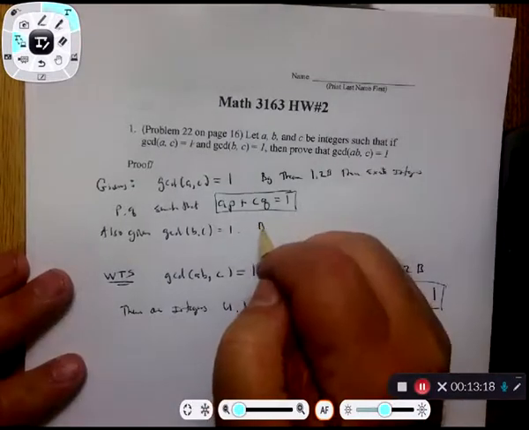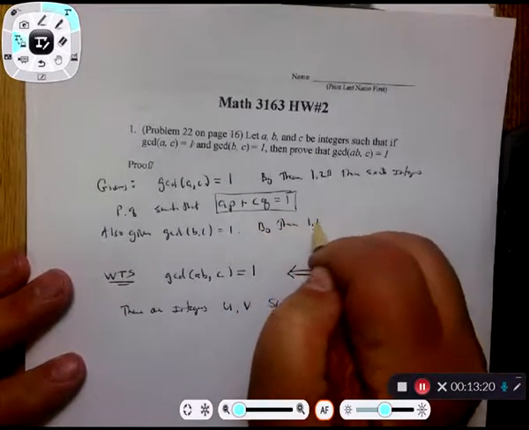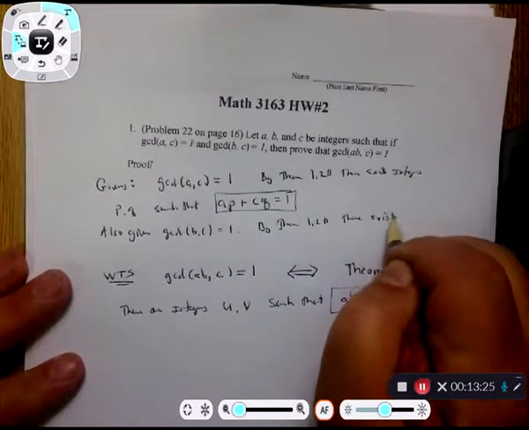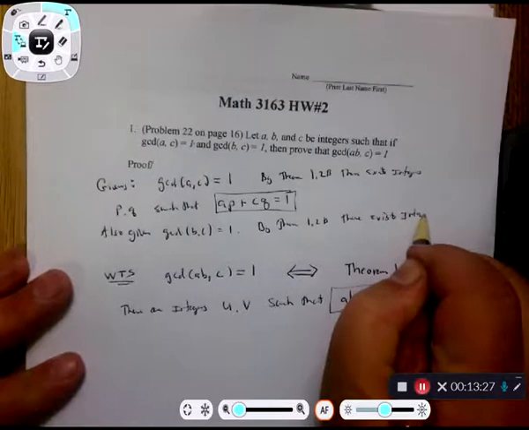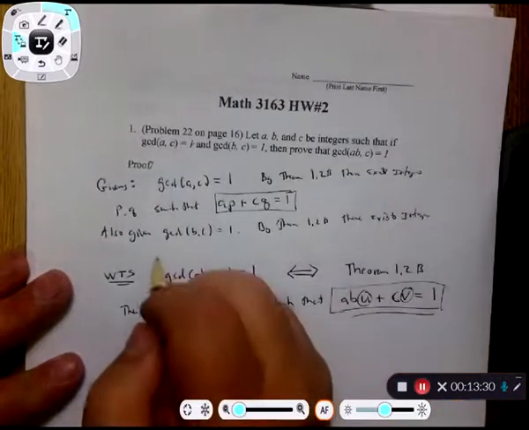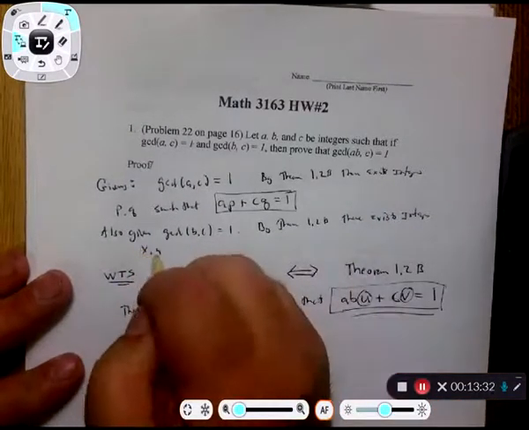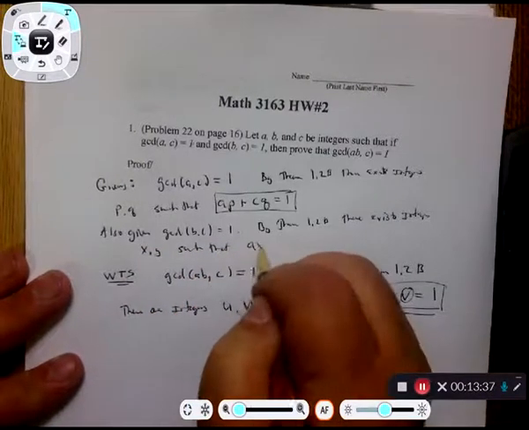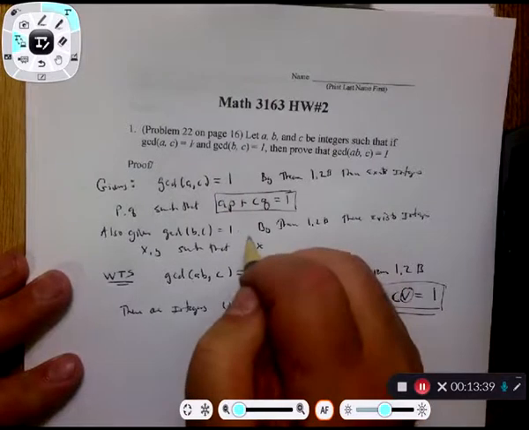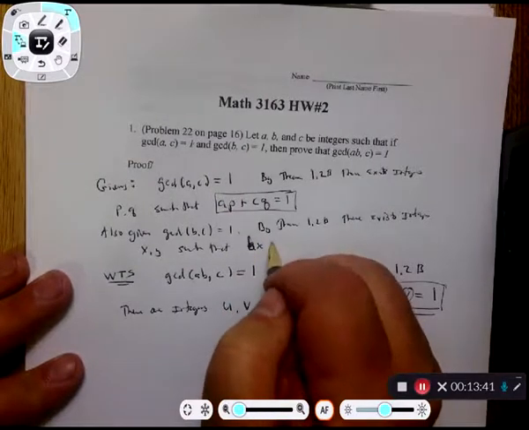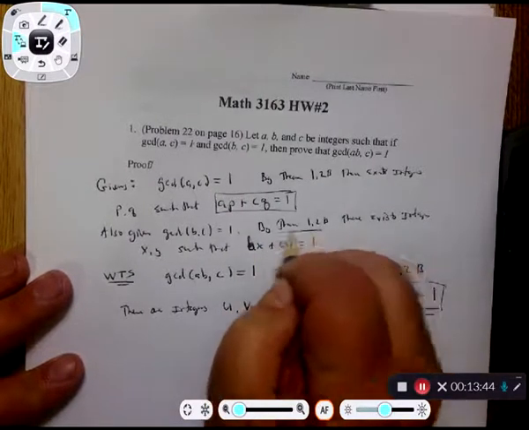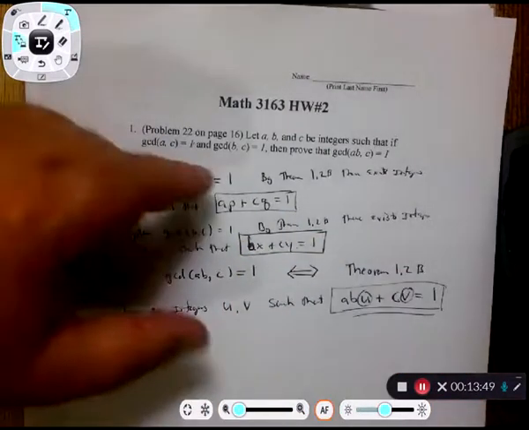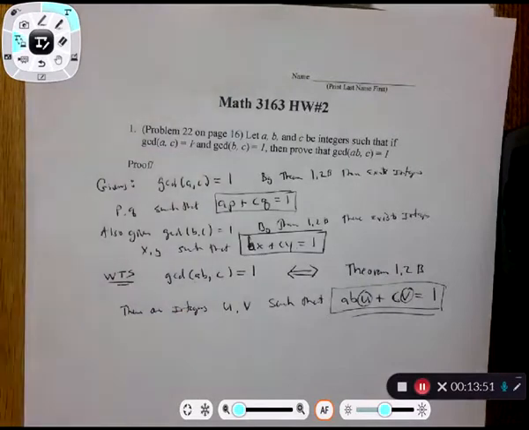So by Theorem 1.2b, again, there exist integers X and Y such that BX plus CY equals 1. So these are the two equations I can get from Theorem 1.2b, because we're talking about relatively prime here.